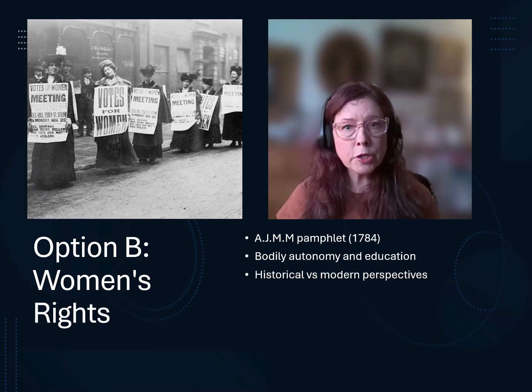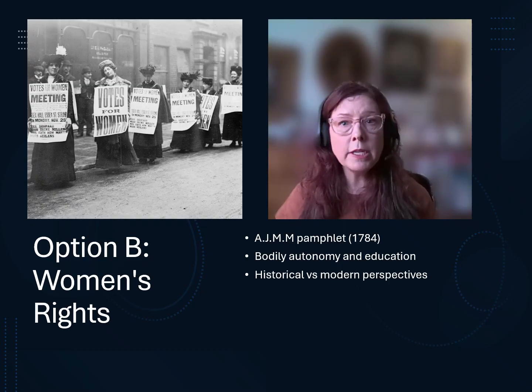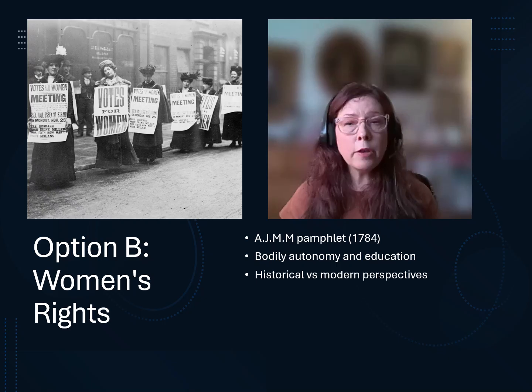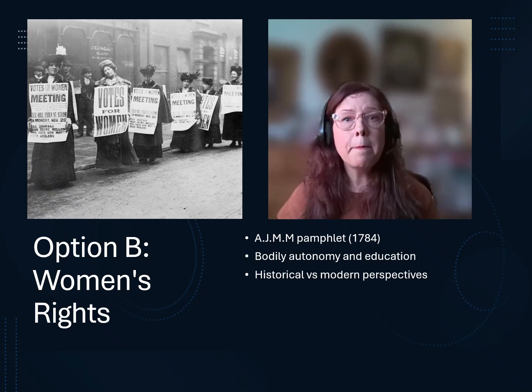So for this option, you are going to choose a contemporary issue related to women's rights, something happening today, and then you are going to connect it back to these earlier ideas, to thinkers like Wollstonecraft, to early arguments about education, autonomy, equality.